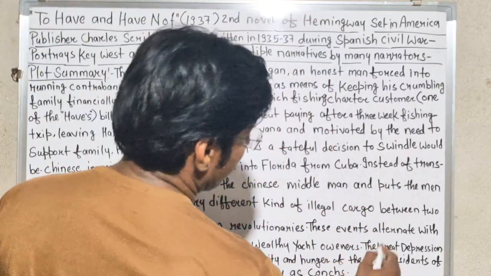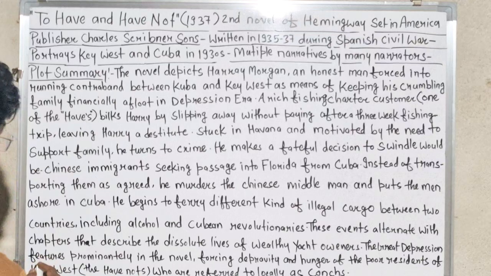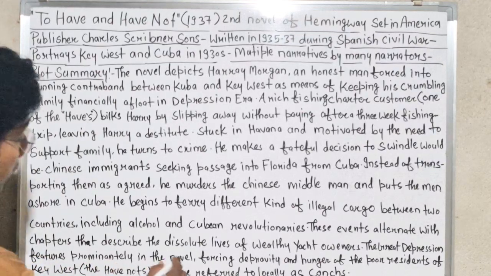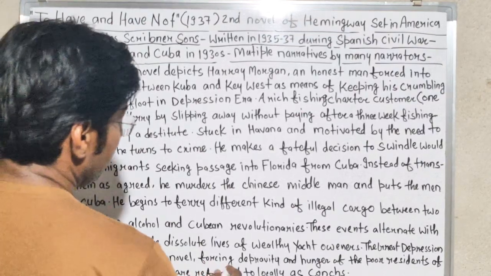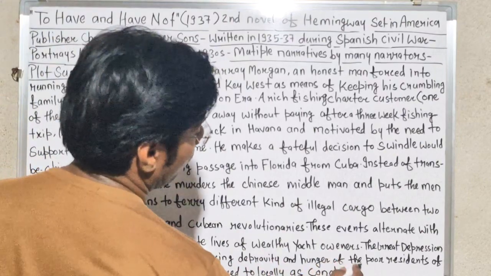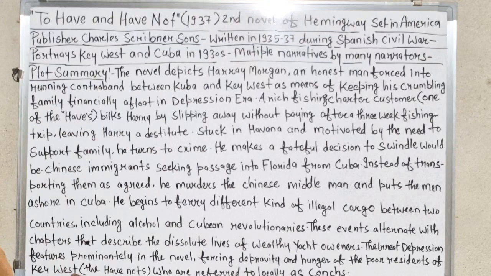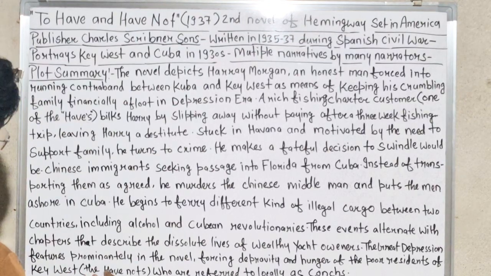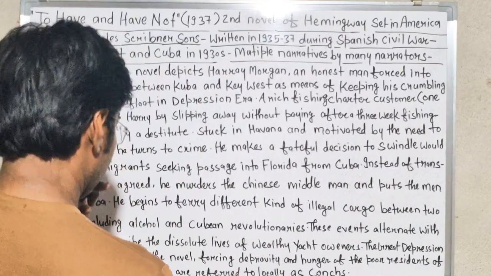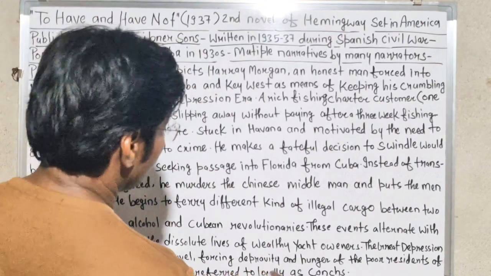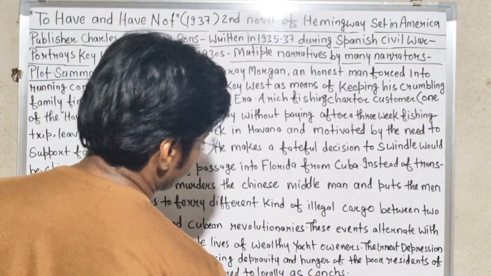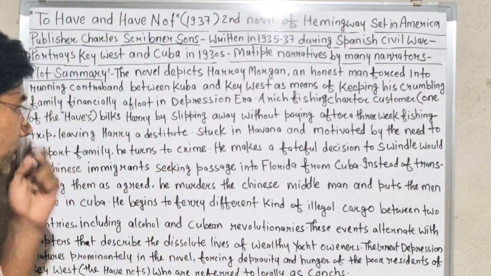The Great Depression features prominently in the novel, forcing depravity and hunger on the poor residents of Key West, the have-nots, the poor people, who are referred to locally as conchs.